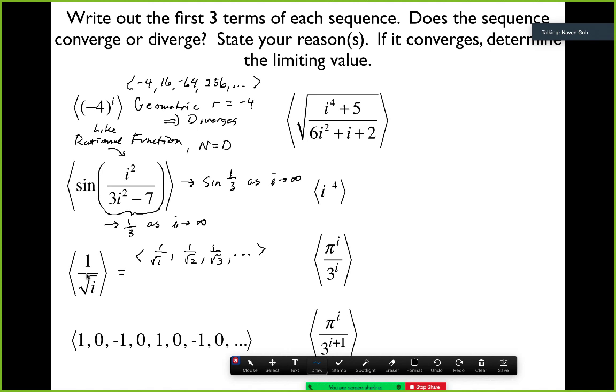This is the same as 1 over i to the 1/2, a p-sequence with p equal to 1/2, which is greater than 0. So as long as p is greater than 0, the denominator will get big and our ratio will get small.